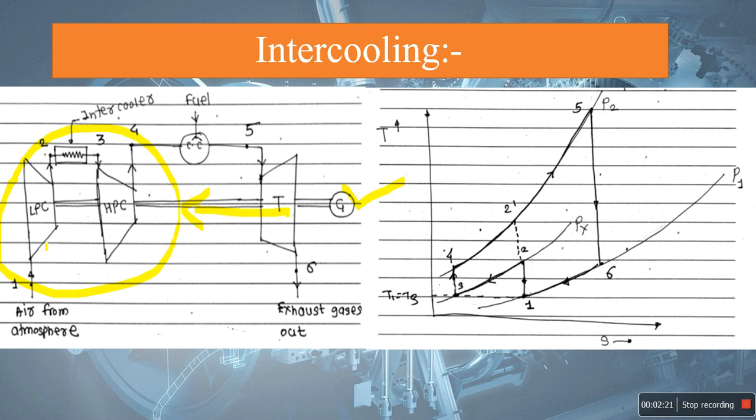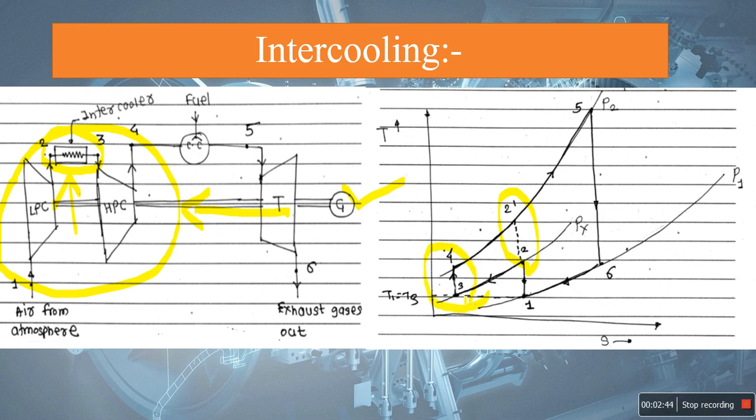We put a two stage compressor with an intercooler, and the intercooler plays a very important role, so that the compressor work is reduced because the 2 to 2 dash line is more as compared to 3 to 4 dash.